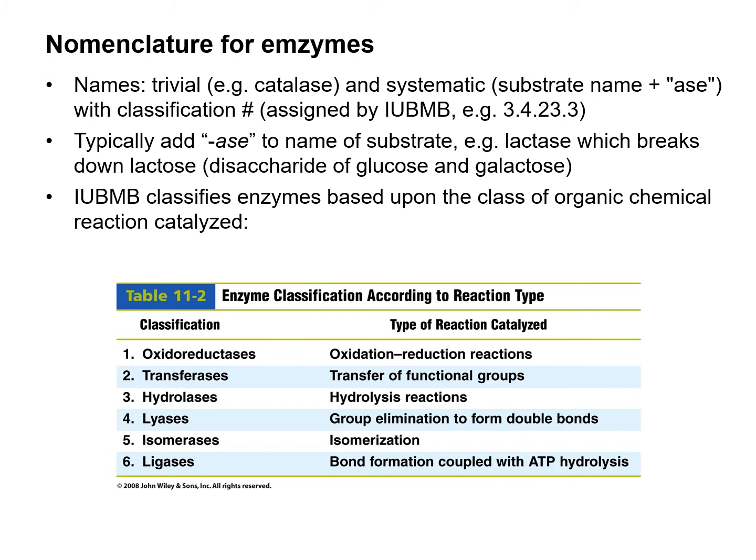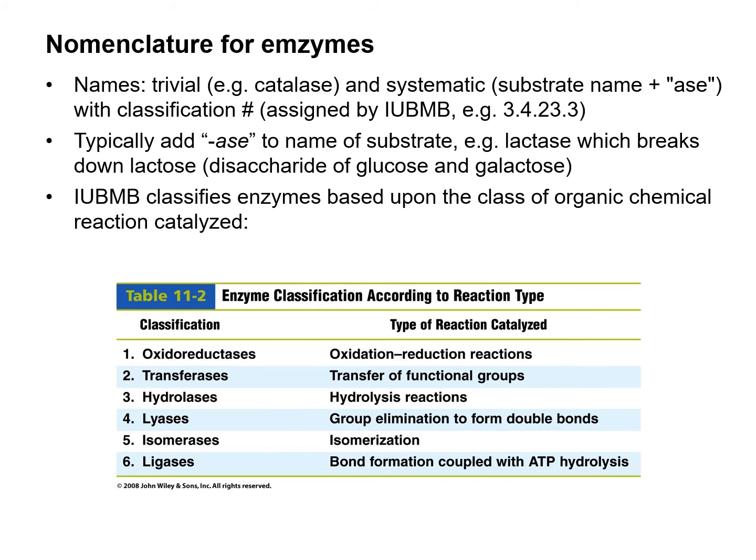So the example would be 3.4.3.23.3, things like that. And typically you add this -ase to the name of a substrate. So an example is lactase, which breaks down lactose. And again, I hope you remember lactose is the disaccharide of glucose and galactose.